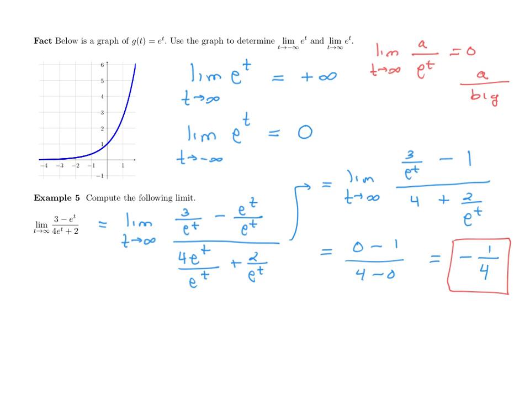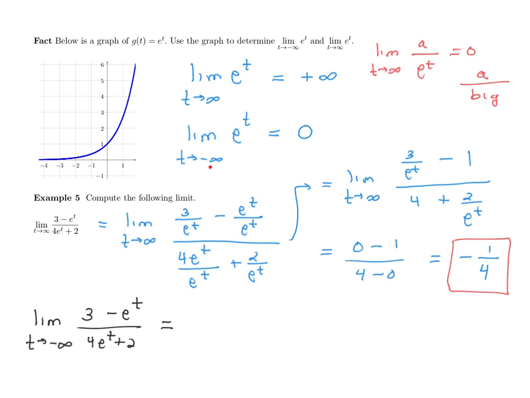I think I'll include one more limit here, just because it's worth considering, and it'll be very simple to compute. What is the limit as t approaches negative infinity of this same function, 3 minus e to the t over 4e to the t plus 2? The reason this is very easy to solve is you don't have to use any trick to get your answer.